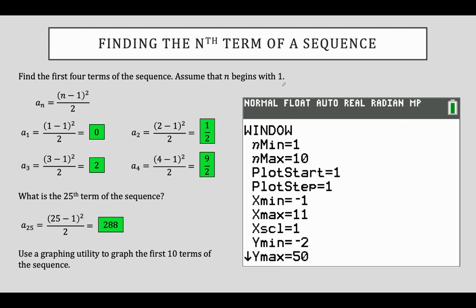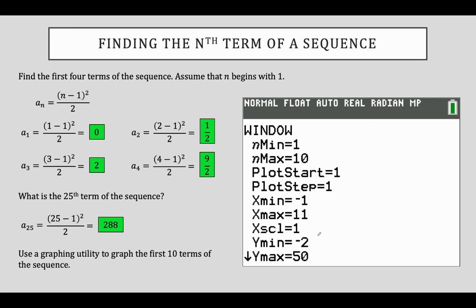We're starting by plugging in 1, so seeing -1 on the left-hand side just gives me a little more space. X max, I've got 11 plugged in. The greatest value of x that we will actually plug into our sequence is going to be 10, so having 11 gives us a little more room on the right-hand side. Then, for y min, I have -2, and y max, I have 50.